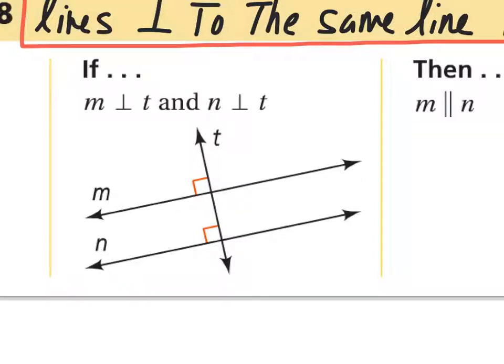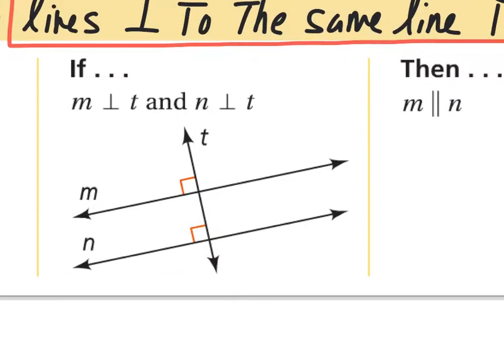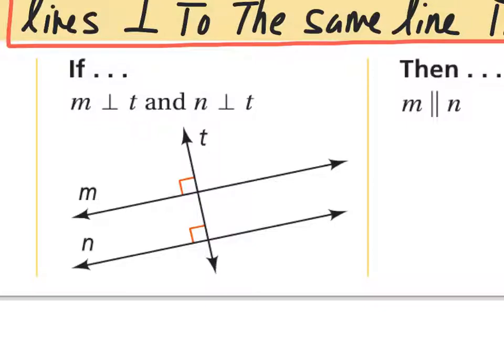Okay? If I know that M is perpendicular to T and N is perpendicular to T, again, I said perpendicular means they intersect and form a right angle. Well, then I know that this angle, now if I was writing an actual proof, I'd have to start naming stuff, okay? But I know this angle is a right angle, and I know this angle is a right angle. If I'm given this, I then know I have two right angles.